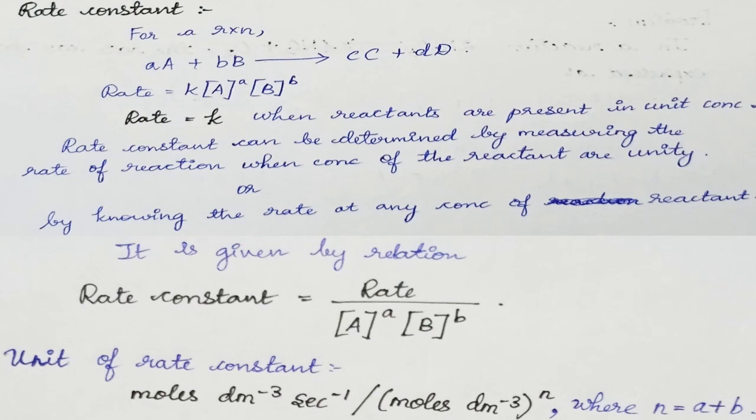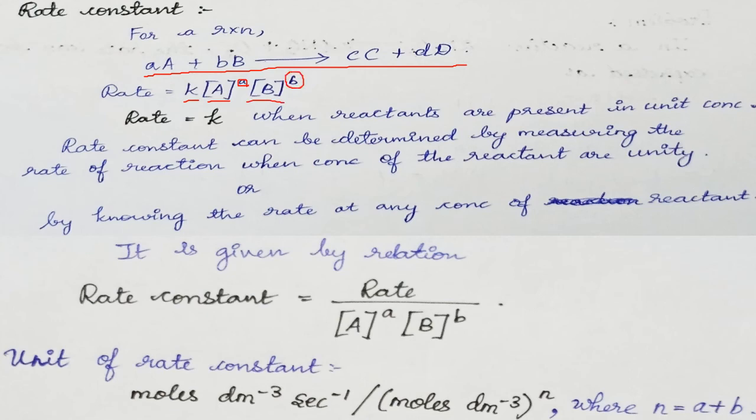See, now we are going to see about rate constant. For a reaction, this is the general reaction: aA plus bB to give cC plus dD. For this reaction, the rate is given as K times [A] to the power of small a and [B] to the power of small b.